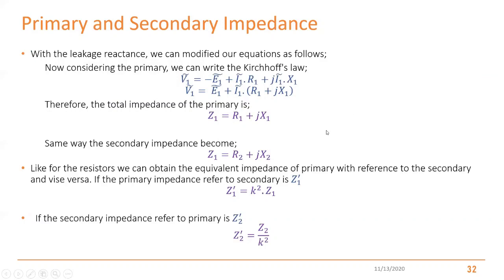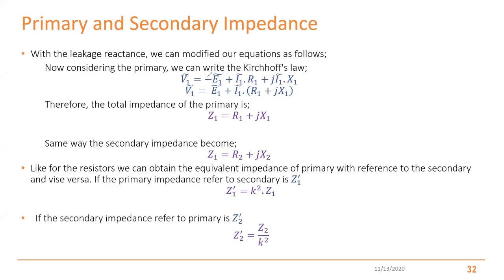Okay, so now we have to look at all the losses that happen in the core and in the other components of a transformer. So now what we can do is write the full equations like this.